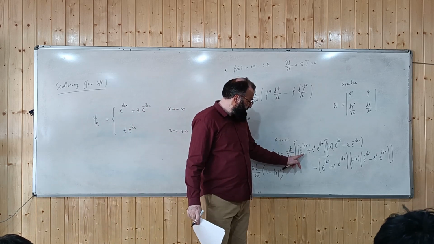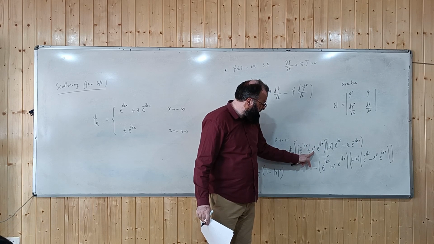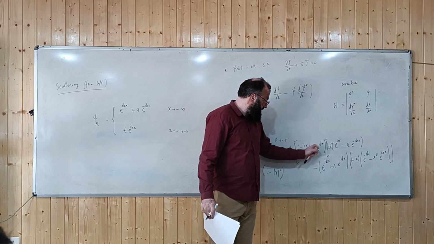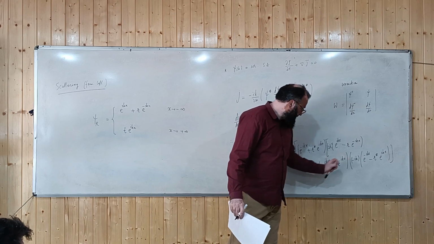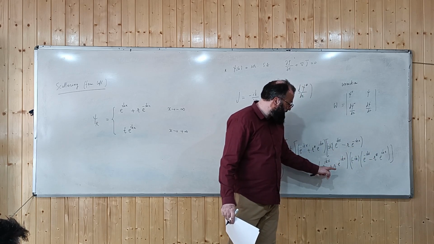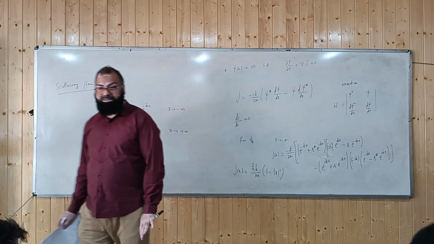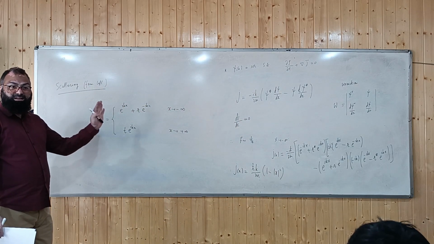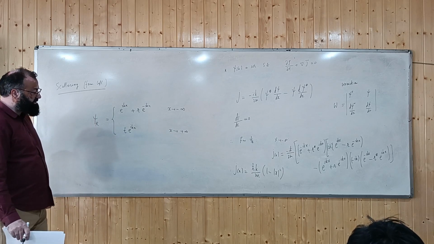You are having e raised for this thing, and then r star and r, so it is mod of r squared, so it's 1 minus r squared. Similarly, you are having e raised for this thing, so it is 1 and r star, minus mod of r squared. So the cross terms will cancel out. Got it? So this is your current. It is in which region? The left of the potential.